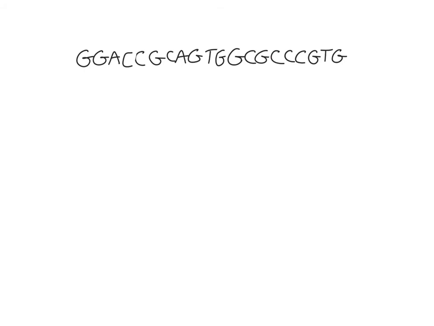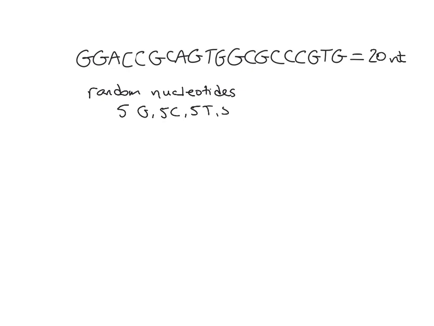Here's another example of a potential use of the chi-square test. Let's say we have this 20 nucleotide sequence, and for example, we might want to know if this sequence came from random nucleotides. In other words, is the expectation that if you have 20 nucleotides of DNA, then there would be, on average, 5 Gs, 5 Cs, 5 Ts, and 5 As.